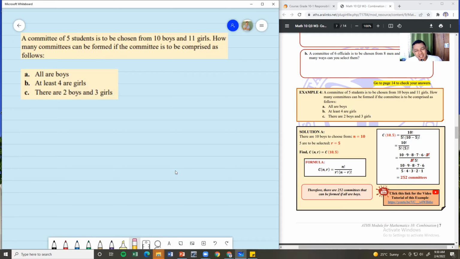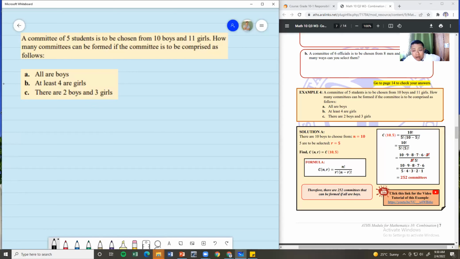But don't worry, these are actually easy. A committee of 5 students is to be chosen from 10 boys and 11 girls. How many committees can be formed if the committee is to be comprised as follows?